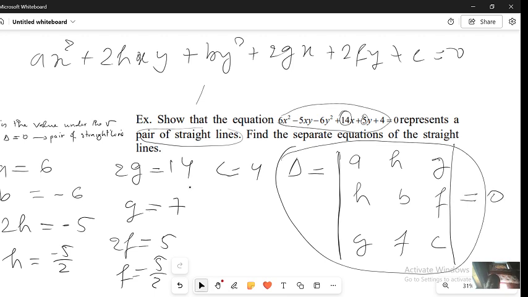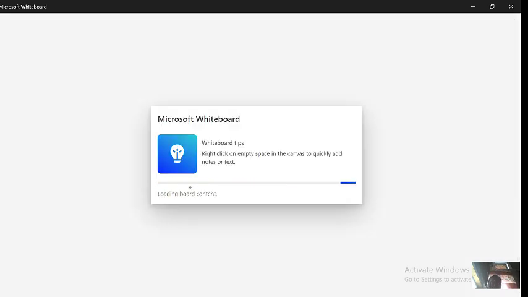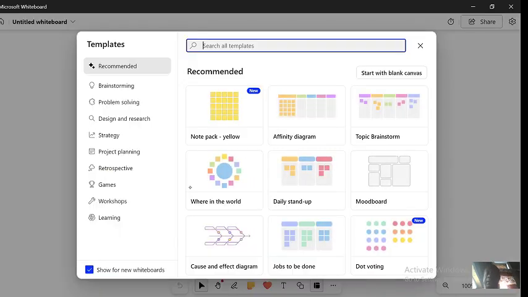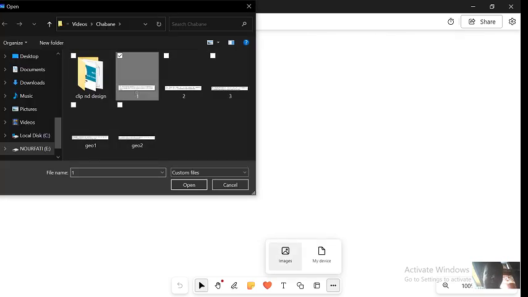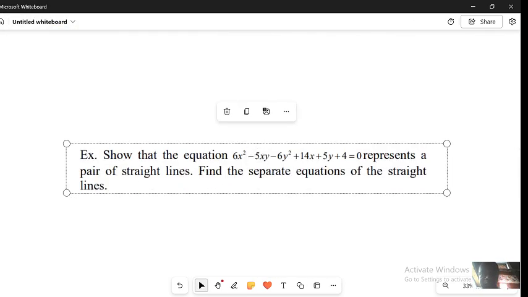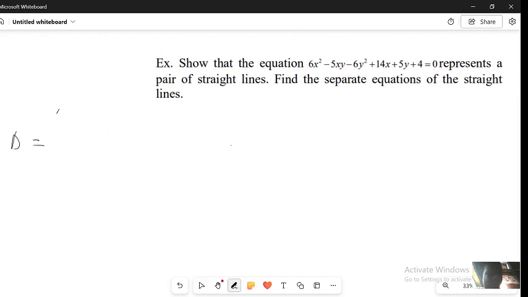Now, in my equation, let me determine the value of delta. If I bring back that example, delta is going to be equal to the determinant with first row the value of a, which was 6, the value of h, which was minus 5 by 2, and the value of g, which was 7.